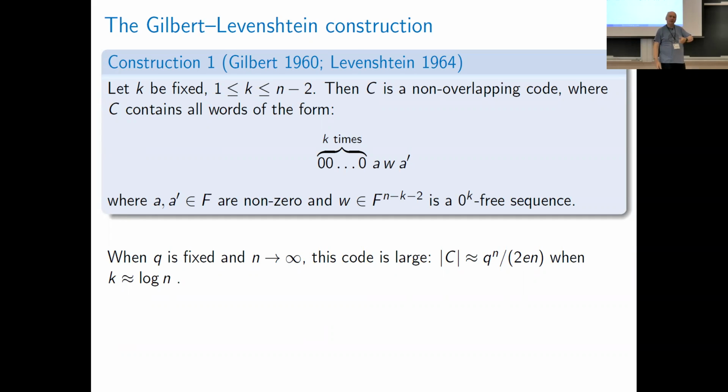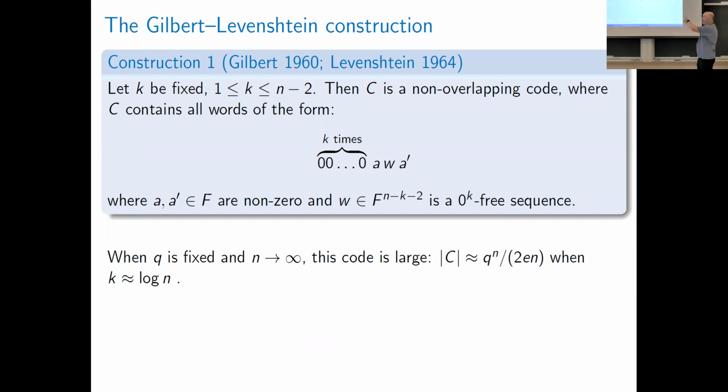As k gets bigger, you are making the code smaller because you're restricting very heavily the beginning of your code word, but you're making it bigger because you're making the conditions on w more relaxed, and that's why log n balances between these two things.